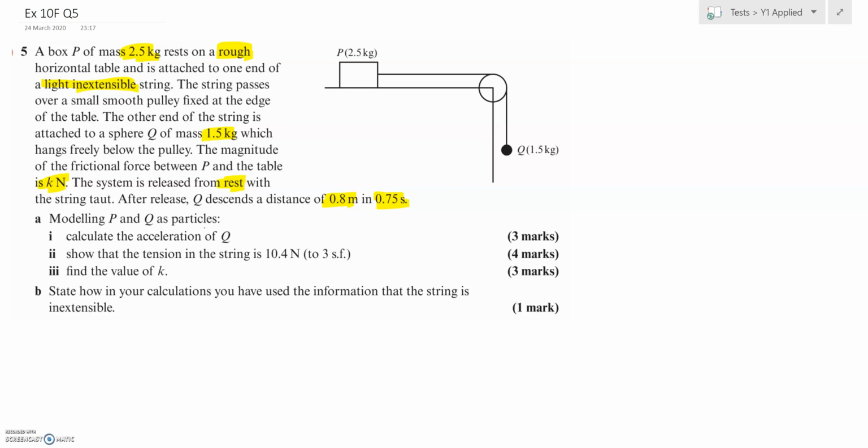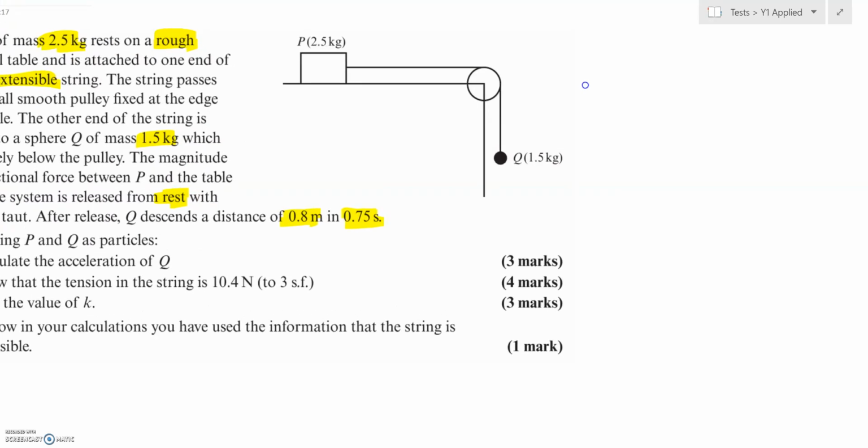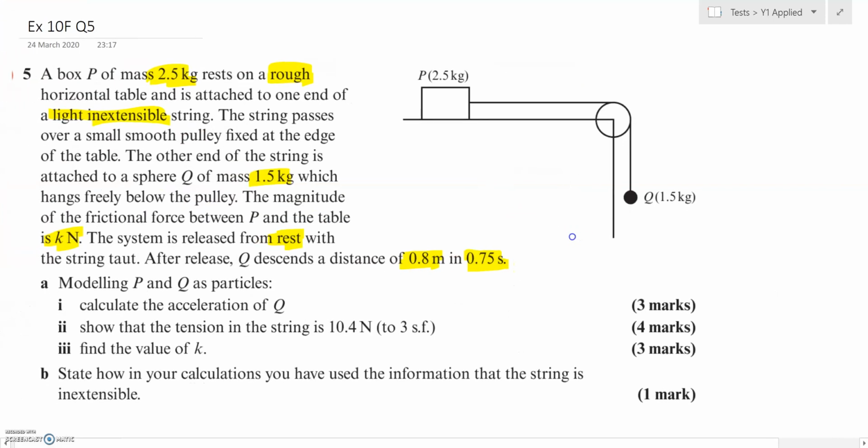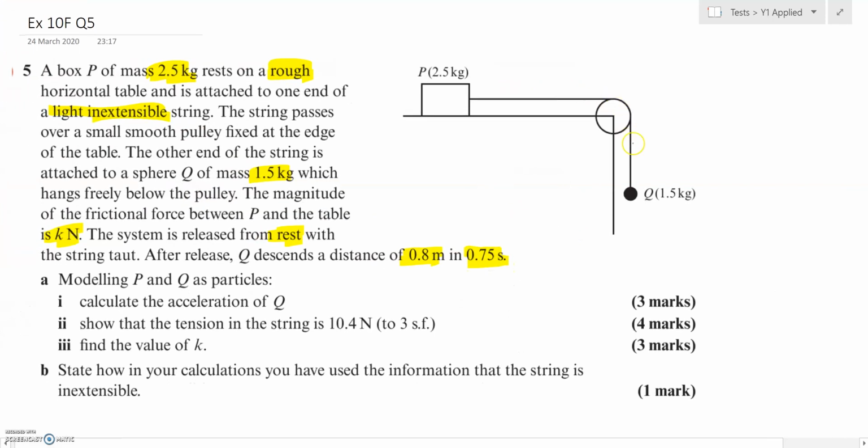What we're going to need to do, I think I'll just do my force diagram quickly first. So what forces are acting? Well, there's going to be a weight component for both particles. Because P is on a surface, there's also going to be a reaction.